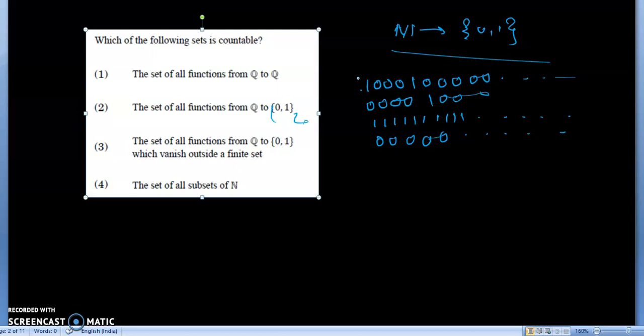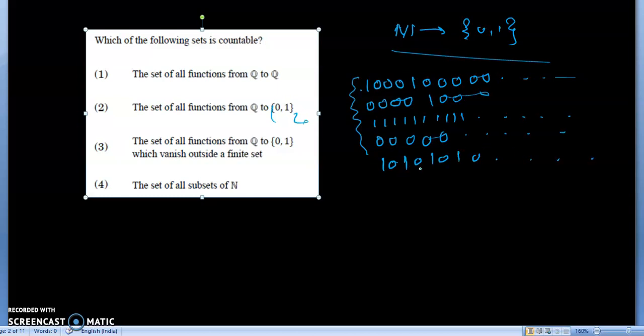If you know the binary representation, you can easily say this is an example of a binary representation of a real number. Take any binary representation, suppose 1 0 1 0 1 0 1 0.